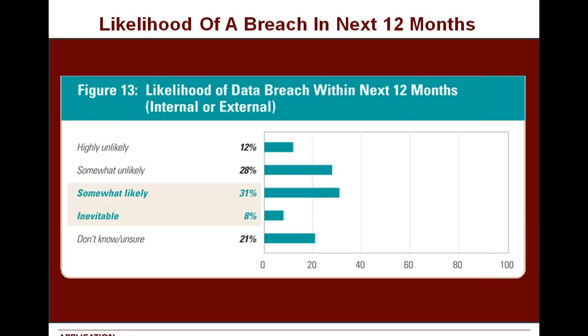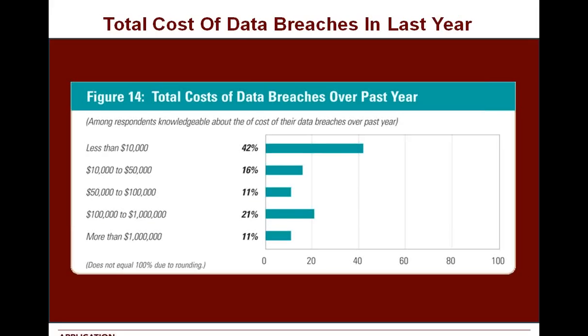So there's a high degree of concern among our group here, our data managers, that things will get tough over the coming year. We move on to the next slide.